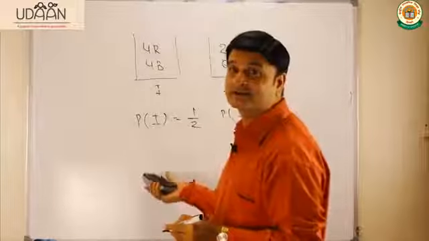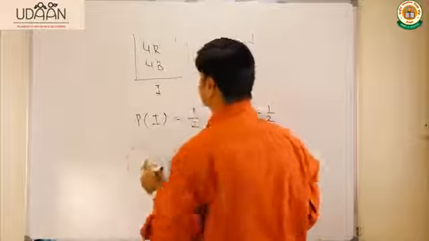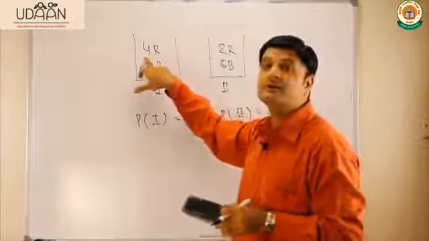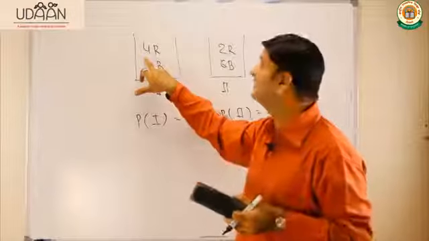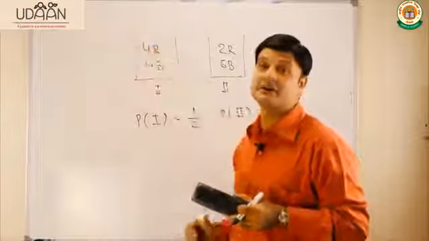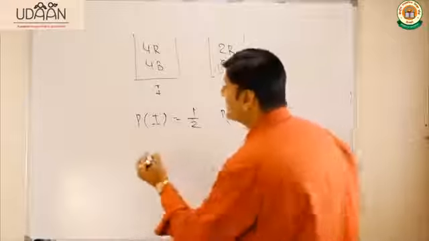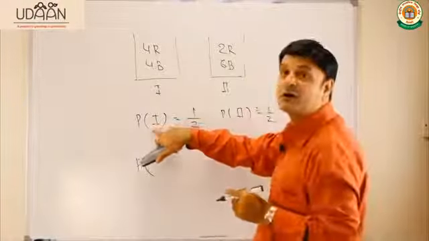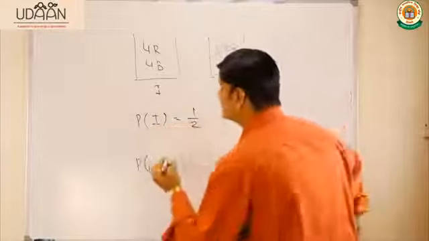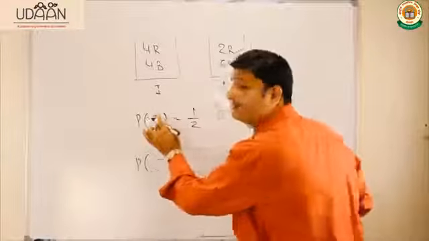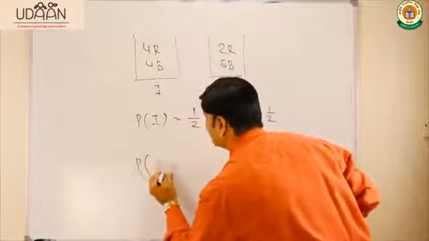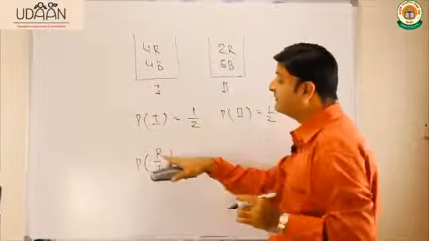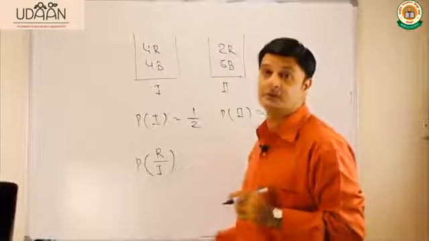Let's come to what I discussed just now. If I have selected bag number 1, what is the probability of getting a red ball? Try to understand. I am telling you I have selected bag number 1, which means this event has occurred already. You know, in conditional probability the event which occurred is written in the denominator, and I want the probability of getting a red ball.